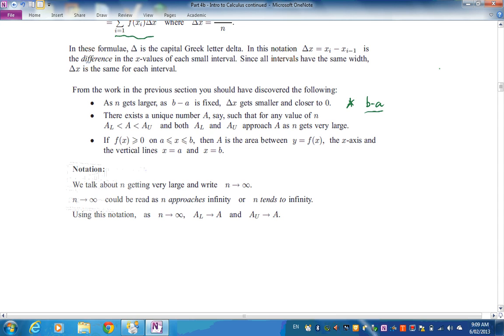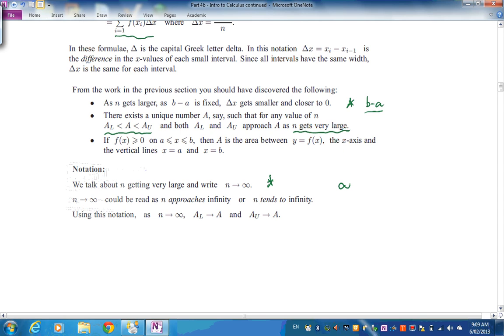There exists a unique number here, so we're saying, we've said this before, that A, the actual value we want, is jammed between the lower and upper sums, and we can say that if we take n very large, each of them are going to approach the same value, and that will be the value of A. So there's a way of writing that. n very large, n tends to infinity, or approaches infinity.